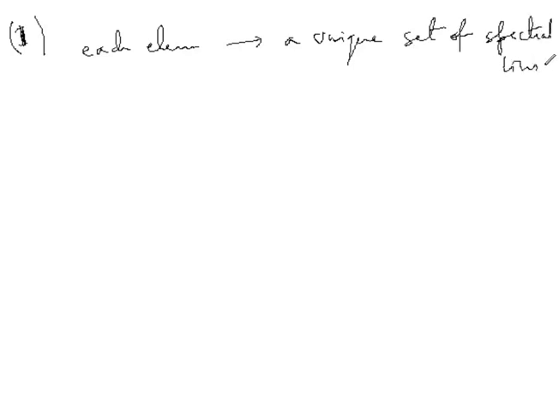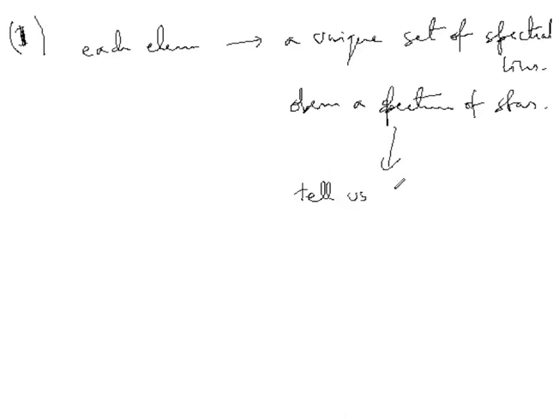So observing a spectrum of a star, what will it do? It will immediately tell us what elements are present.